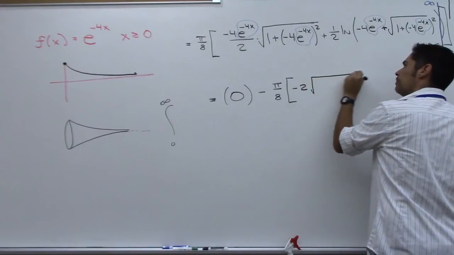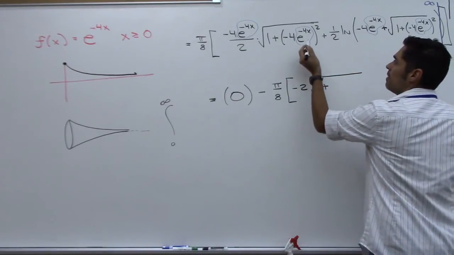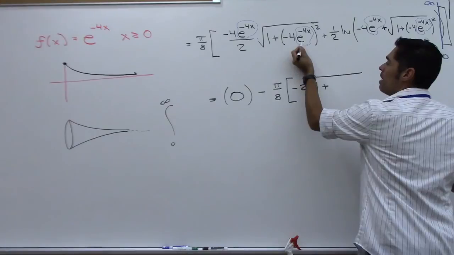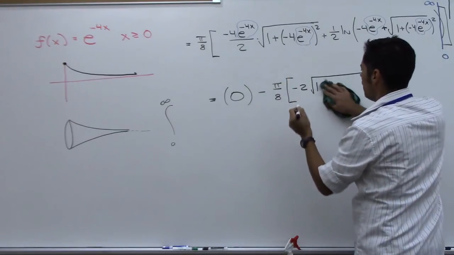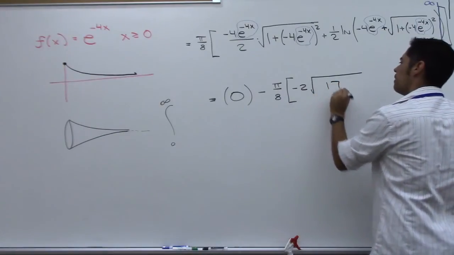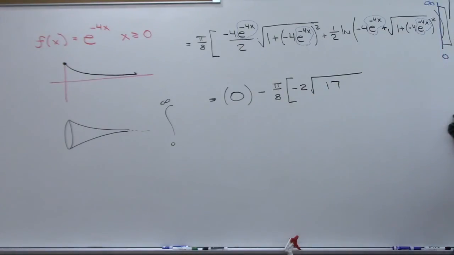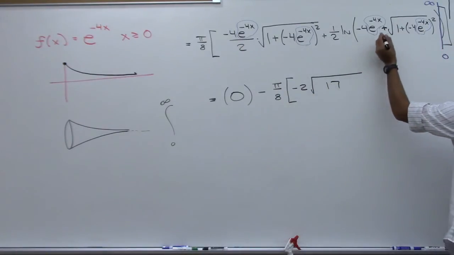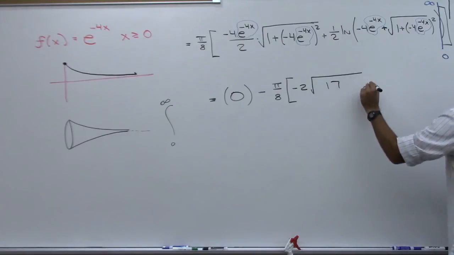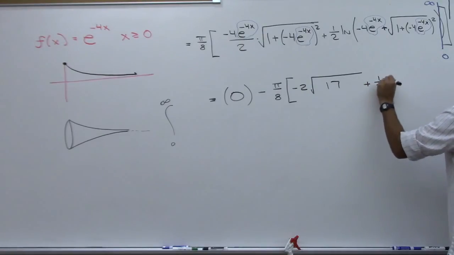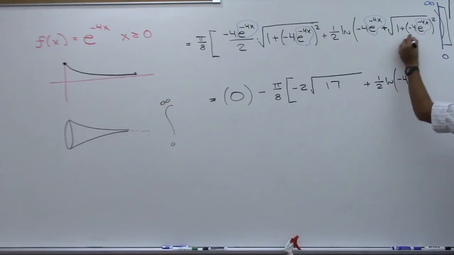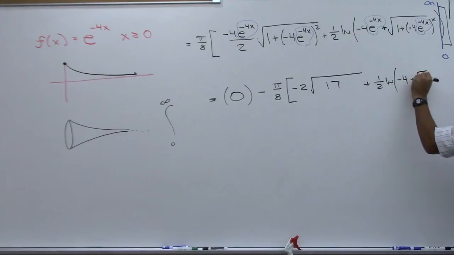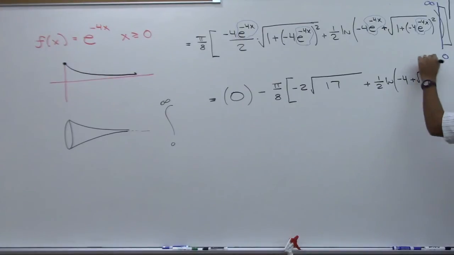Square root, 1 plus, that's a 1. 1 times negative 4 is negative 4 squared, 16. Let me do that, 16 plus 1, root 17. And then we have, that's going to be a 1, negative 4, so plus 1/2 natural log, negative 4, and then this right here, go through it again, is plus root 17. Close it off.